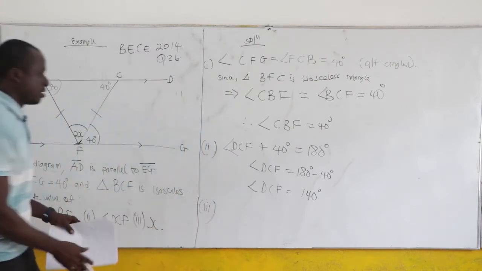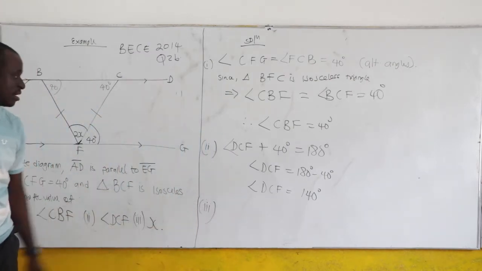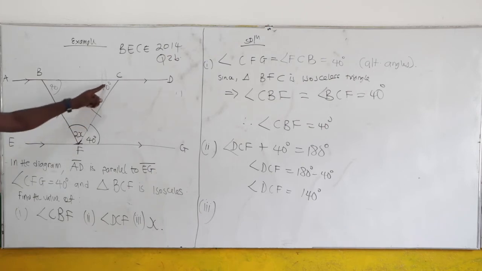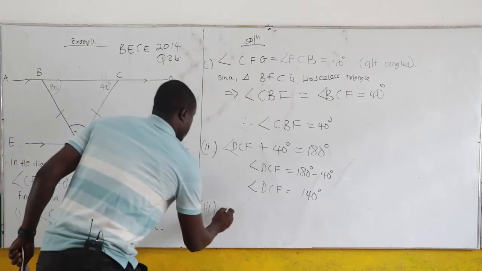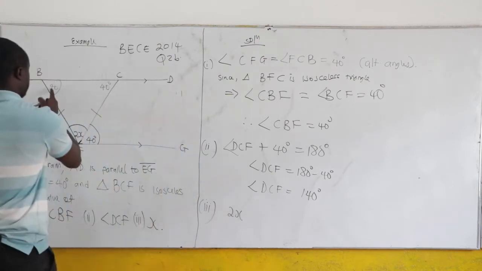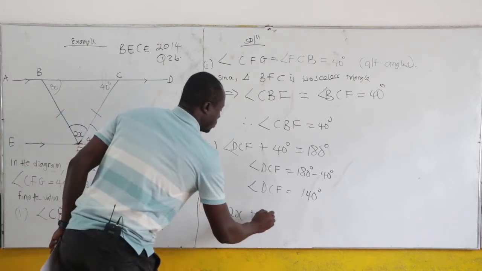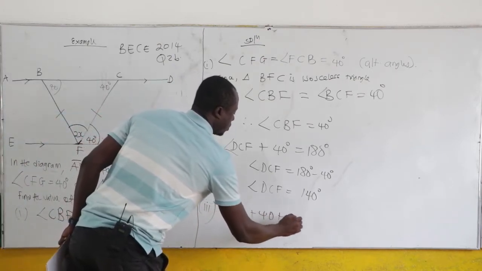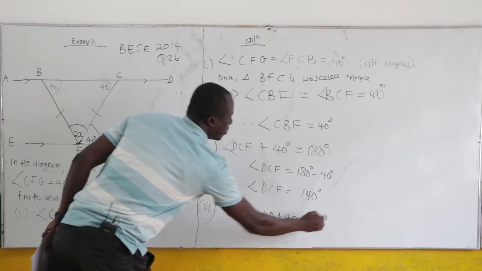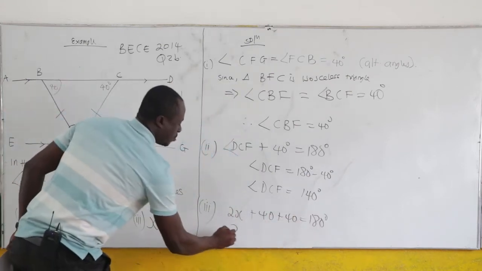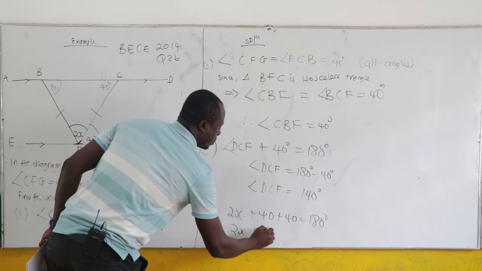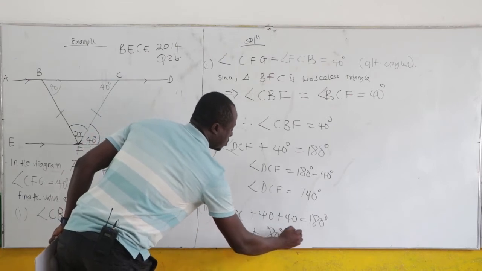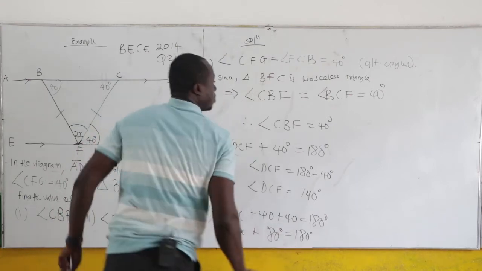Now let's see the third one. The third one says that we should find x. Now, sum of angles in a triangle equal to 180. So you can say that 2x plus 40 plus 40, that is 80 degrees, equal to 180 degrees.